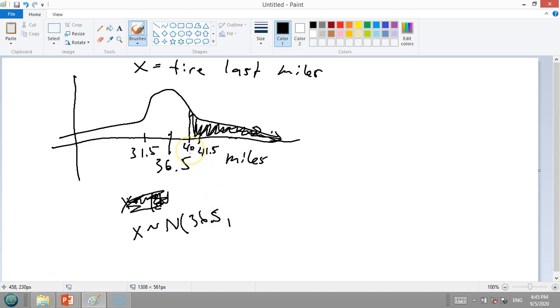And the variance is 25, 25,000 miles. So the standard deviation is 5,000 miles.